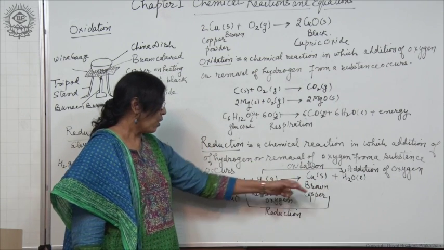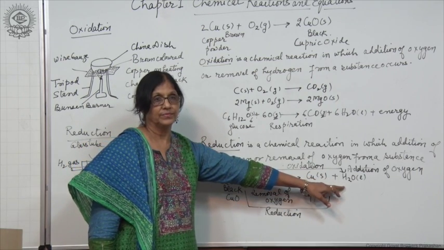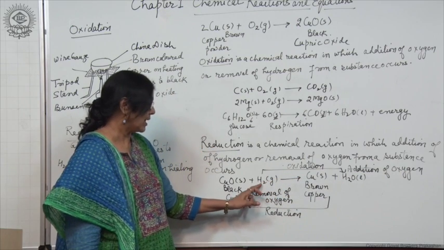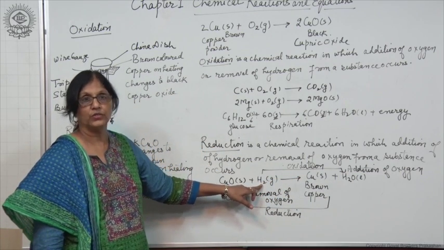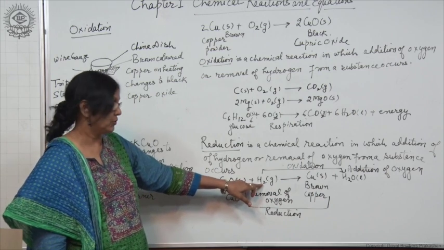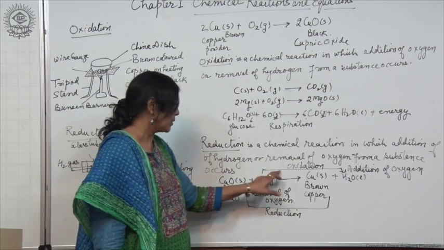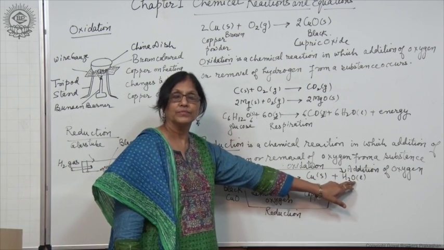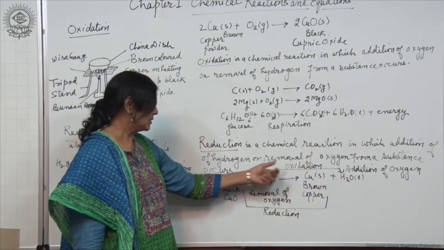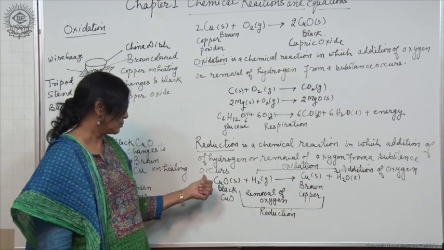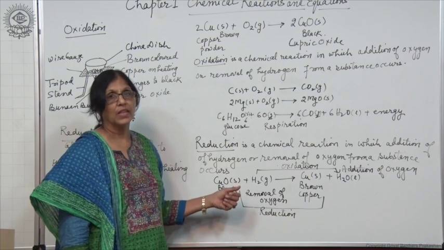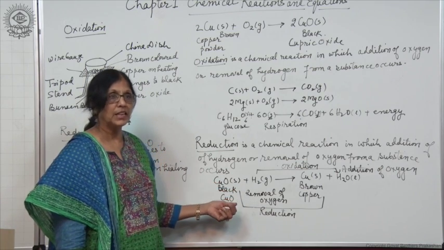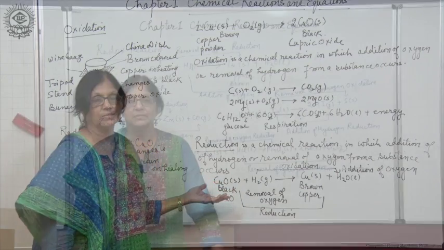To hydrogen, oxygen has been added. So addition of oxygen has occurred, and right now you have studied what is oxidation. It is addition of oxygen. So hydrogen has been oxidized to water. Oxidation has occurred. So now what you see in this particular reaction is that both oxidation and reduction are taking place simultaneously in the same reaction.